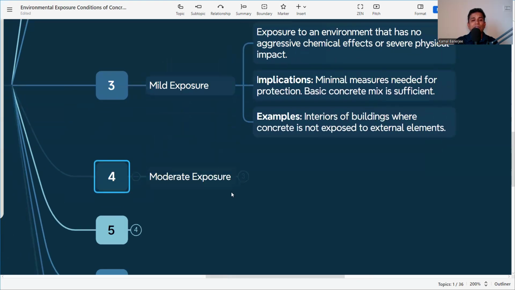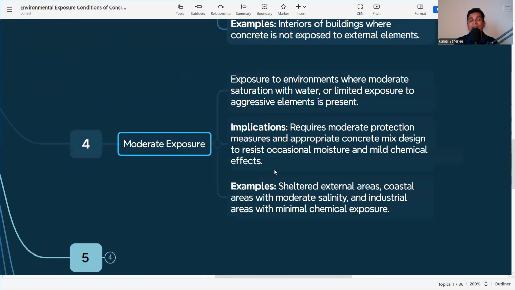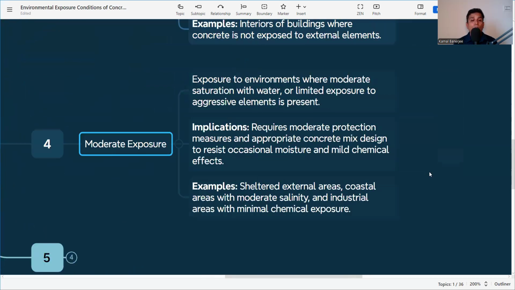Then there is the moderate exposure. It is not exactly the same as mild exposure, but there is some effect of the environment on the concrete, and accordingly we need to prepare our concrete or mix design and protect our concrete. What is this? Exposure to environments where moderate saturation with water or limited exposure to aggressive chemicals is present.